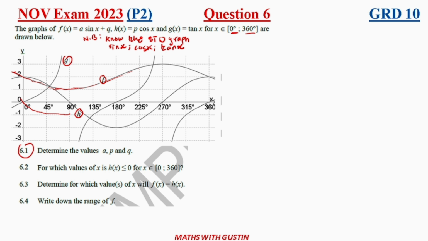It's going to be passing here, then it comes here, and then it goes. Remember, sine x is equal to 1, then it becomes 0, then it goes all the way again.